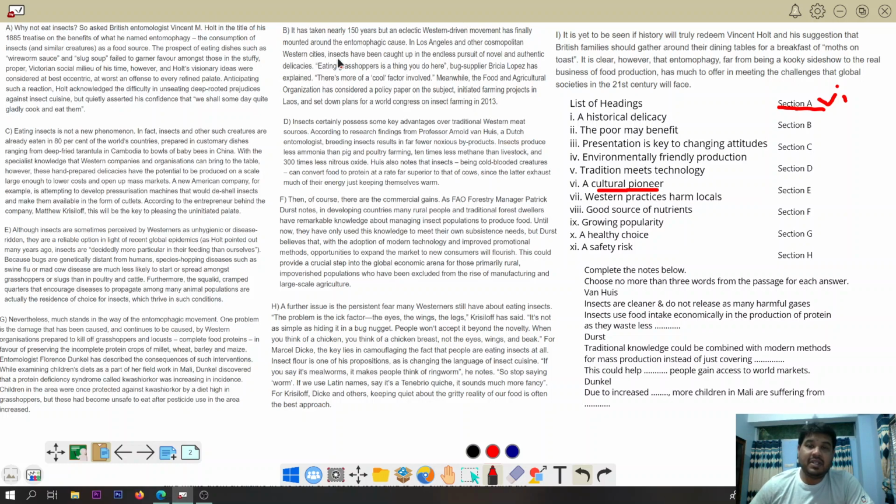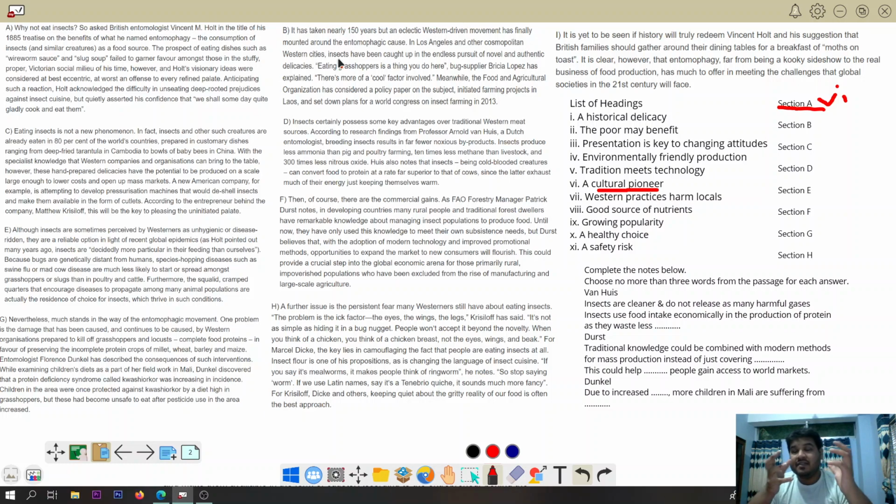So in this paragraph, we can see that insects work as delicacies, their popularity is growing, or they have been accepted into the mainstream, right?